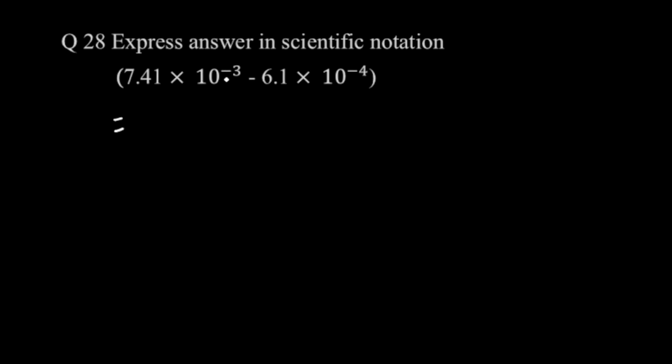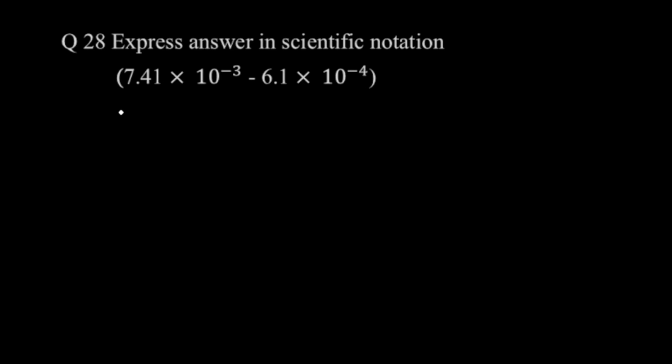In this question we have negative power. So be careful. The power is negative and different power. We have 10 to the power minus 3 and 10 to the power minus 4. How can you solve? In such types of question, always try to make same power.